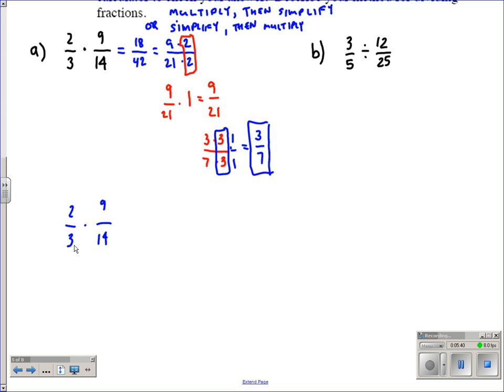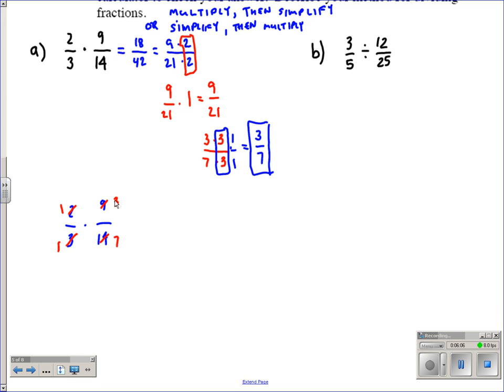So we're still looking for factors shared between numerator and denominator. 9 and 3 each share a factor, which is 3. 3 goes into 3 one time, and 3 goes into 9 three times. Then we look at 2 and 14. What factor do they share? That would be 2. 2 goes into 2 once, and 2 goes into 14 seven times.